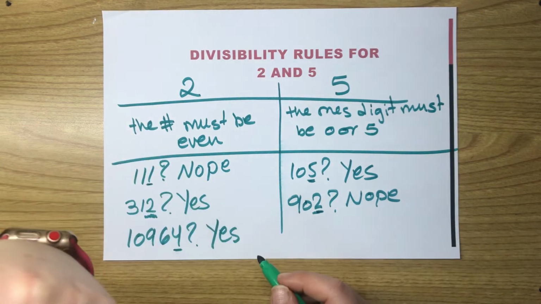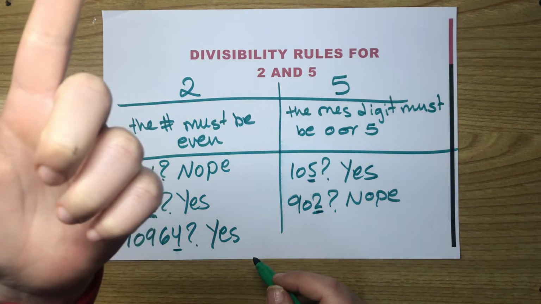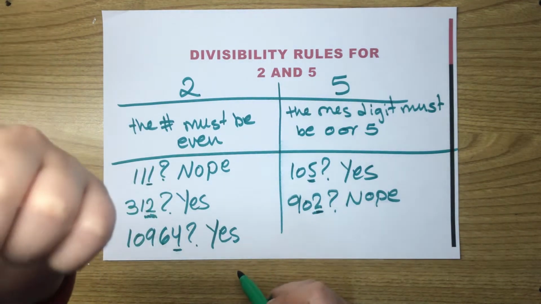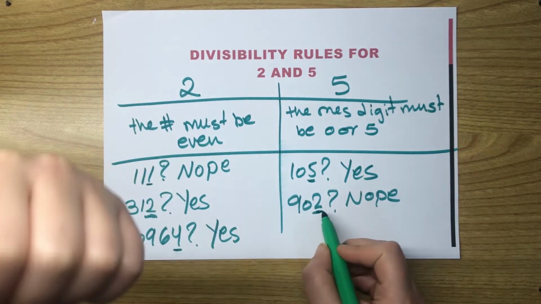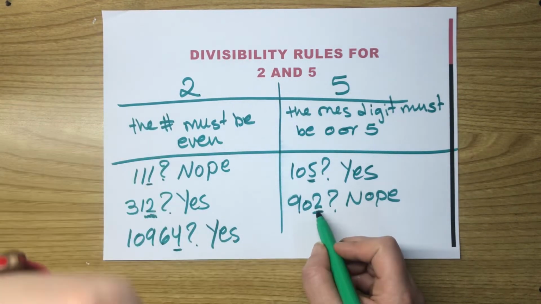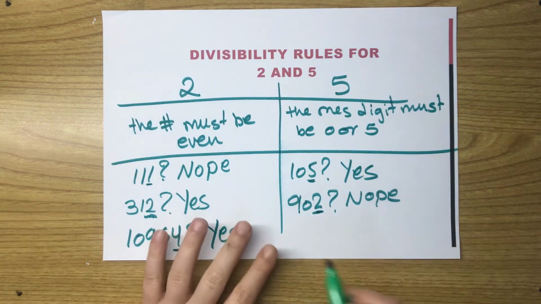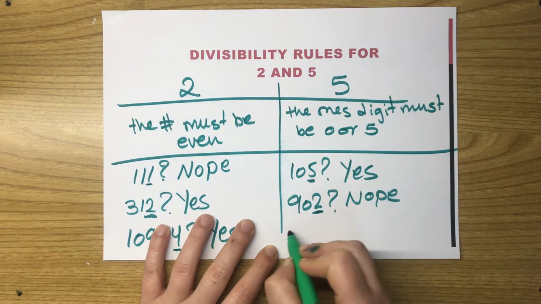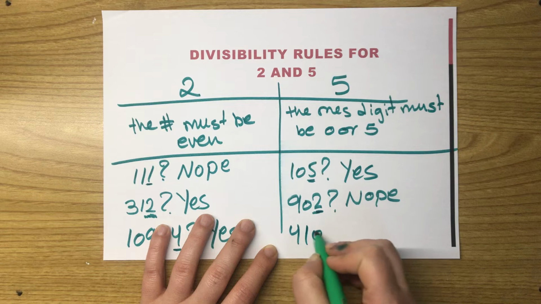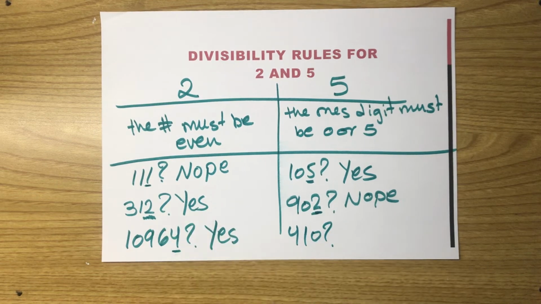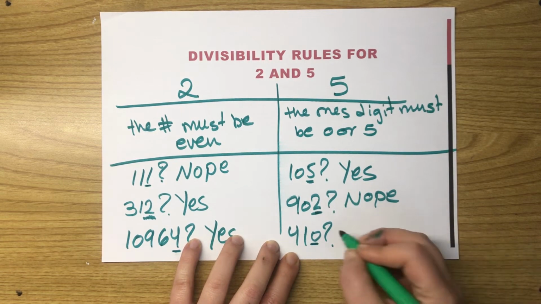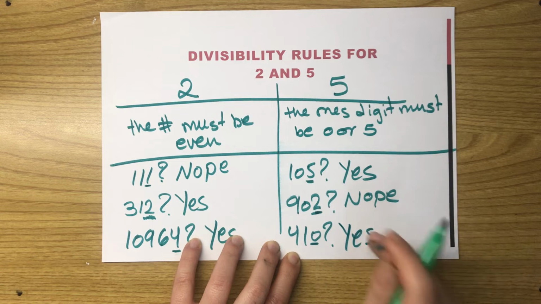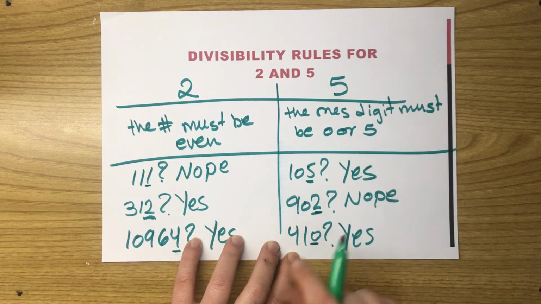Because the ones digit is not 0 and not 5. Is 410 divisible by 5? Yes, because the ones digit is 0, so it can be divided by 5.